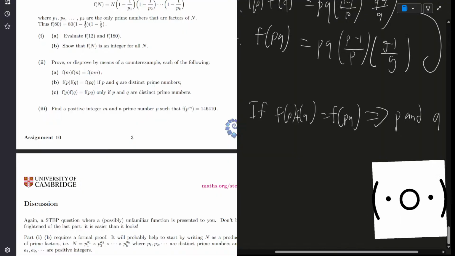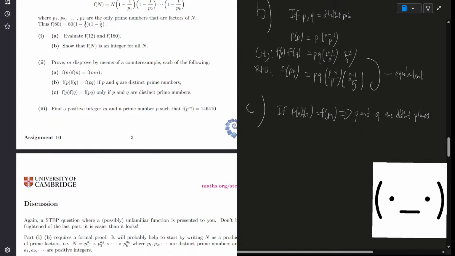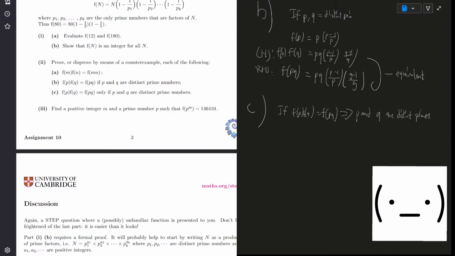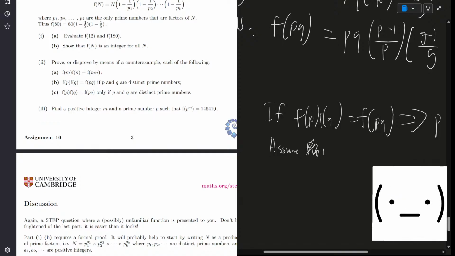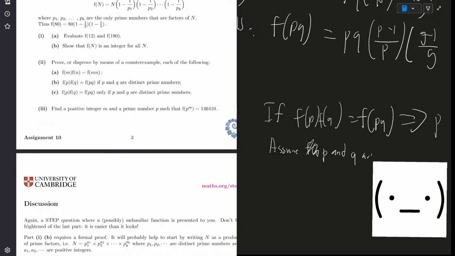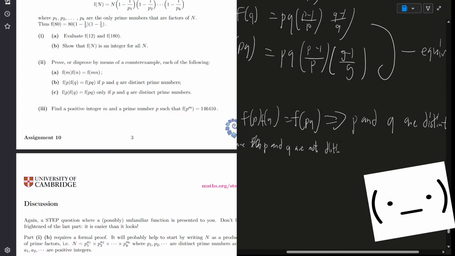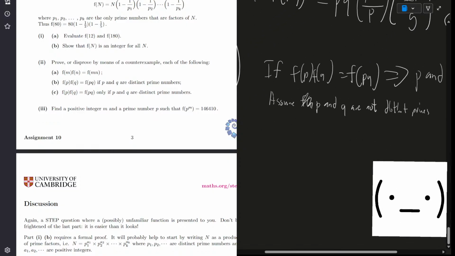Not sure, not sure. Hmm, where's the entry point? I guess we could assume p and q are not distinct primes. Horrible.